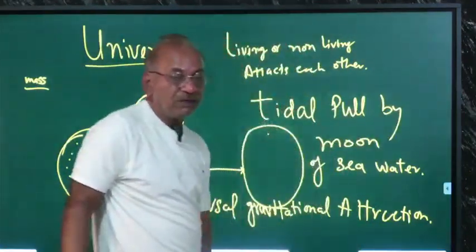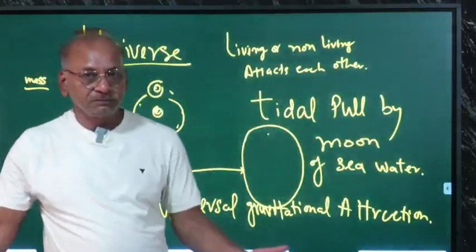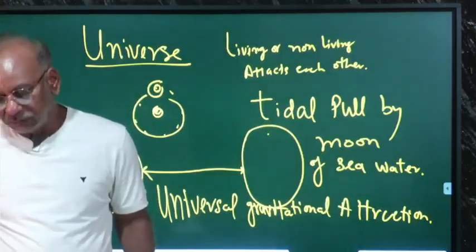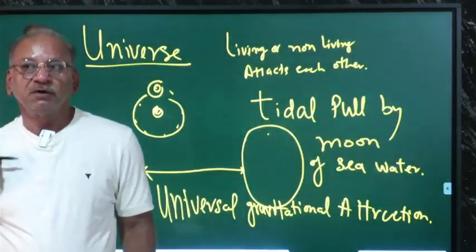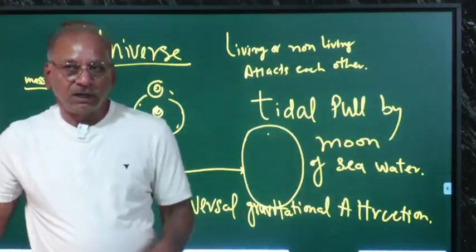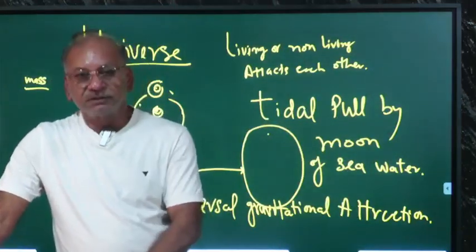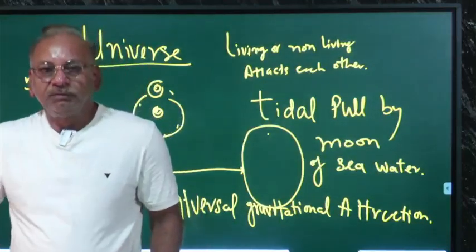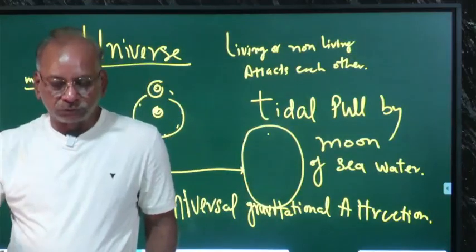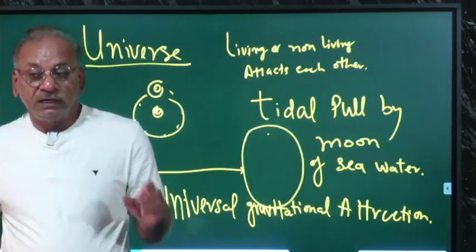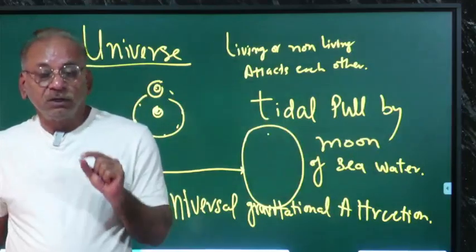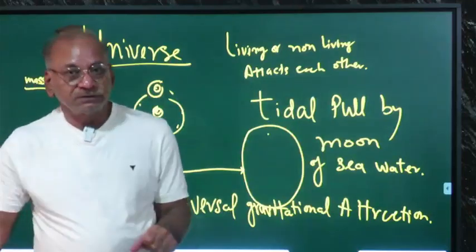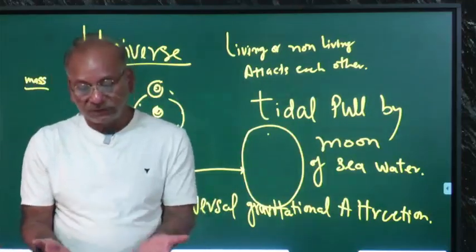Suppose this table is here and it may consist of trillions of particles, but for an object far from its location, it will attract it as a point mass, and it is supposed that its whole mass is condensed on its center of mass, or geometrical center, whatever you can say.